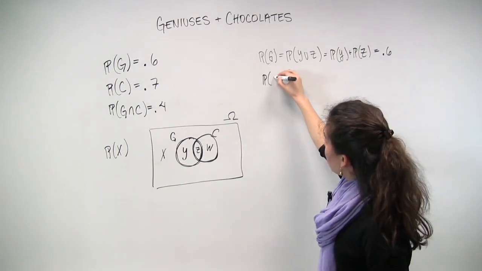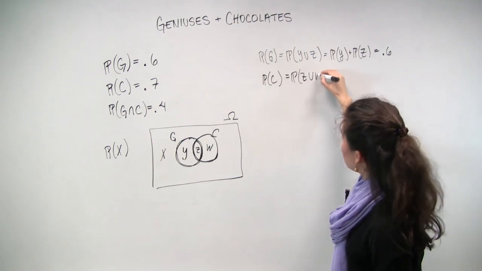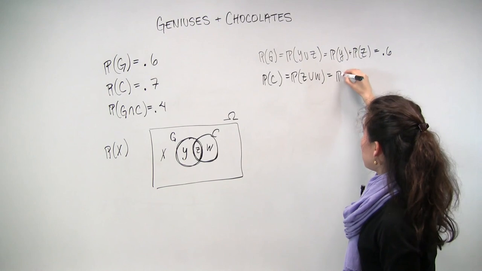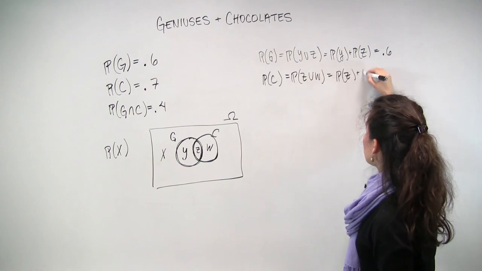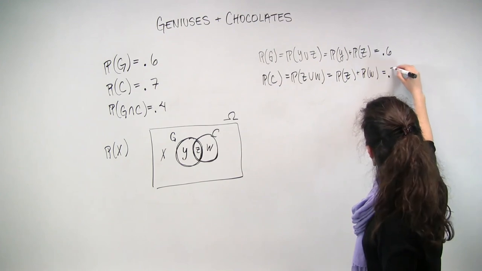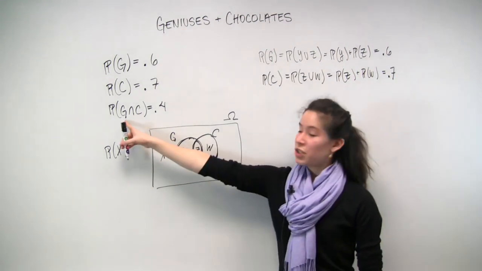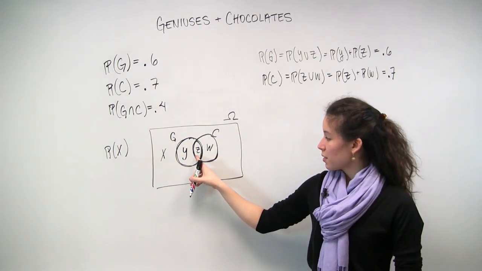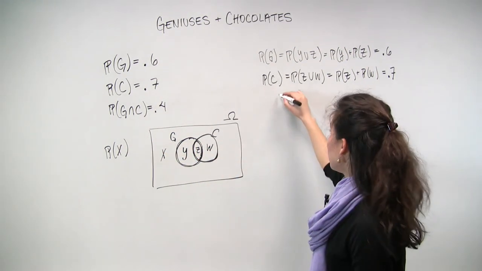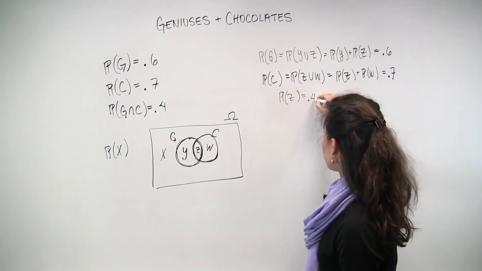Similarly, the probability of C is equal to the probability of Z union W. And again, using the fact that these two are disjoint, you get this expression, and that is equal to 0.7. And the last piece of information, G intersect C, corresponds to Z, our teardrop, so the probability of Z is equal to 0.4.